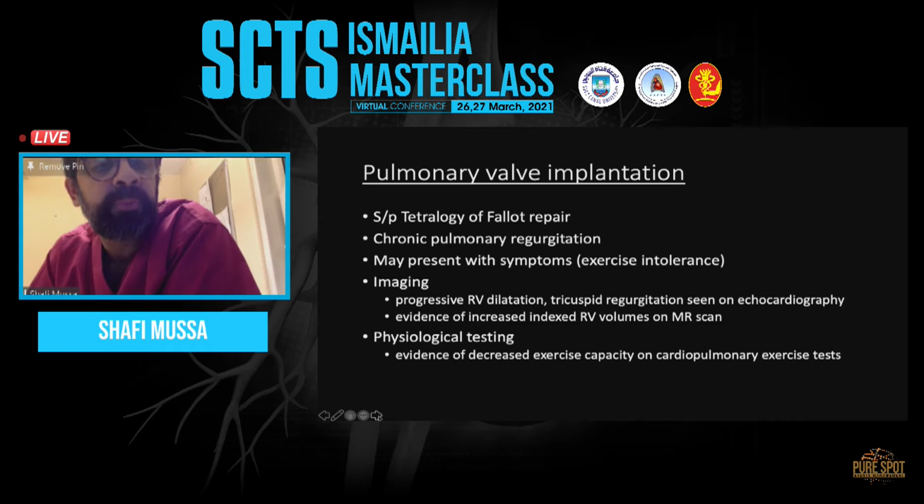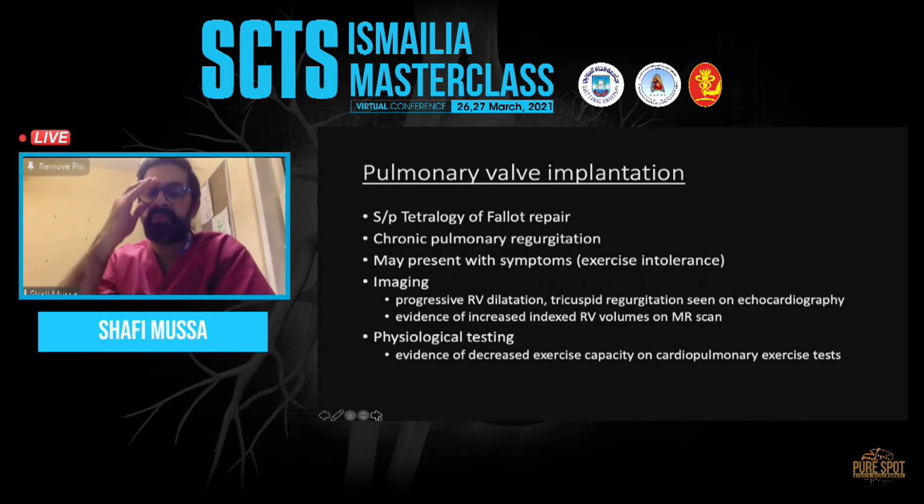What that will probably show is progressive dilatation of the right ventricle and potential for tricuspid regurgitation, and both of those things can be seen on echocardiography. But it is important to start to think about other imaging modalities such as MRI scanning, and look for evidence of increased right ventricular volumes on that scan, and see if they reach a surgical threshold.